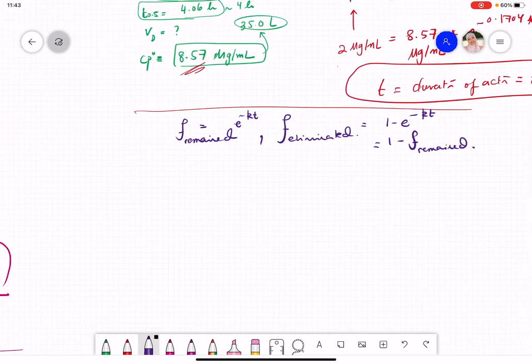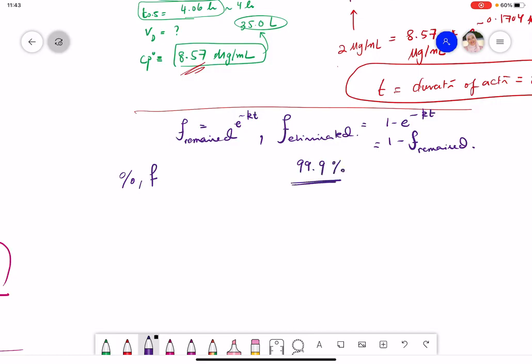I told you all the time to make sure whether the question is giving you a fraction or a percentage, or asking you about a fraction or percentage. As the question mentioned, how long would it take for 99.9% of the drug to be eliminated?